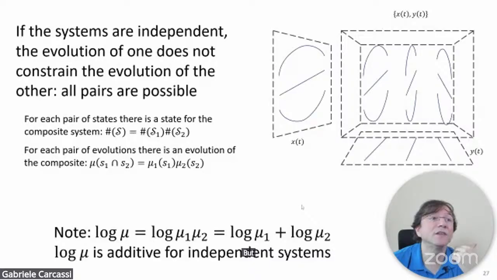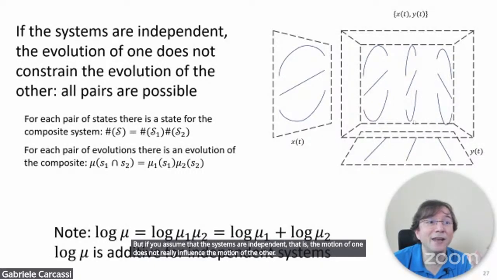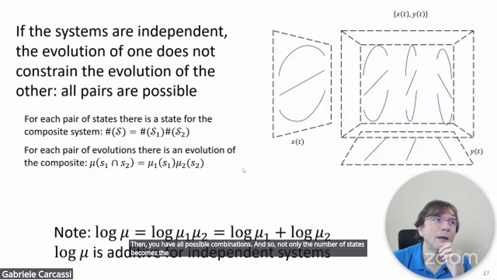But if you assume that the systems are independent, that is, the motion of one does not really influence the motion of the other, then you have all possible combinations. And so not only the number of states becomes the product, but the number of evolutions also becomes the product.